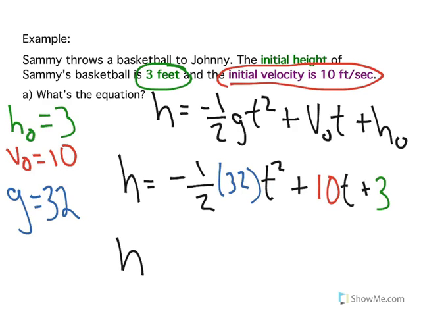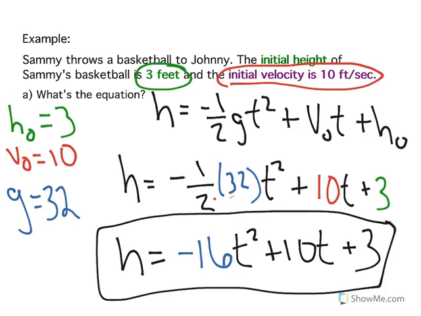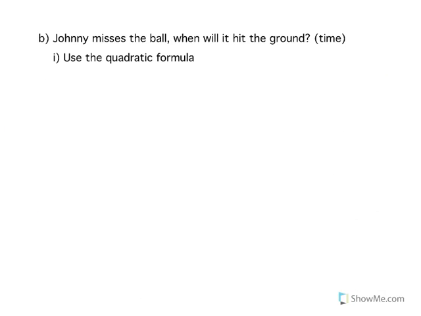Let's simplify. Negative 1/2 times 32 is negative 16. Everything else stays the same. So negative 16t squared plus 10t plus 3. So our general formula is h equals negative 16t squared plus 10t plus 3. We're going to use that in the next part of the word problem.